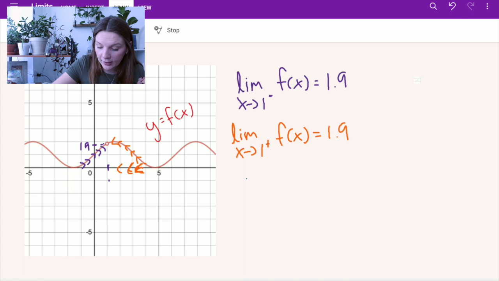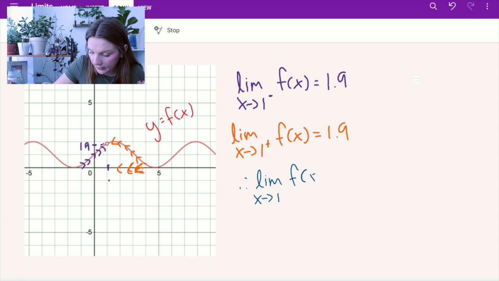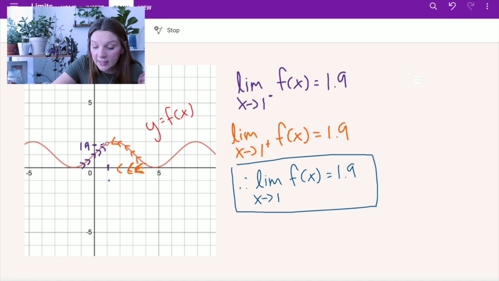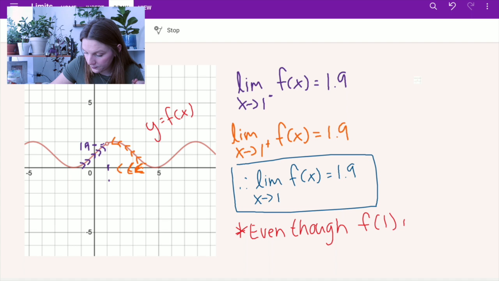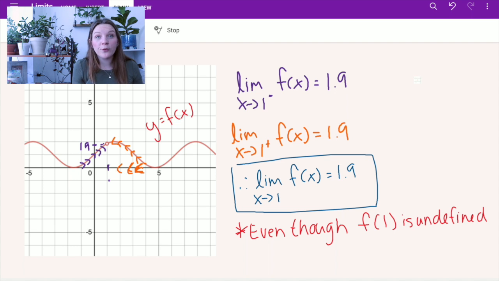And so because they agree, we say that the limit as x goes to 1 of this function is equal to 1.9, even though my function is undefined there. And so this is really powerful because it means that we can talk about the behavior of a function very, very near a point where we can't talk about the function actually existing.